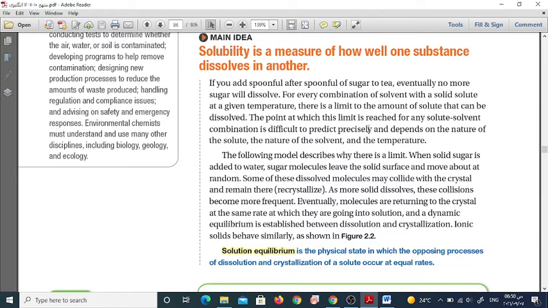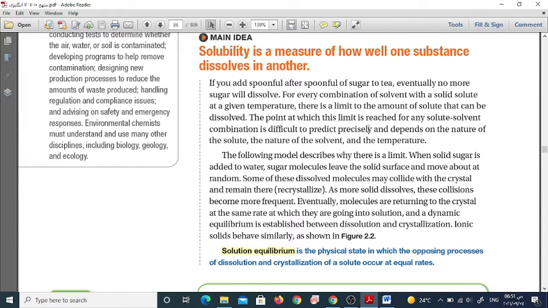Here we have another term which is called solubility. Each chemical, each solute, has its solubility in a specific solvent.